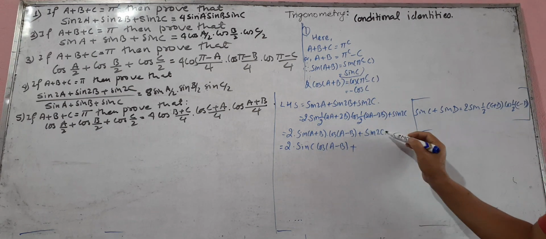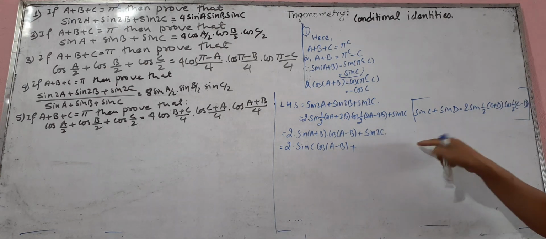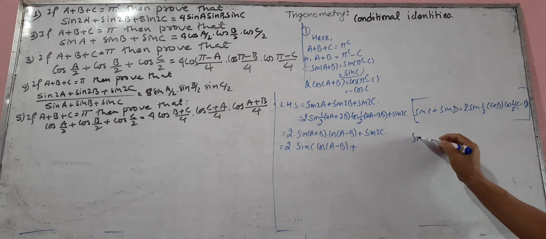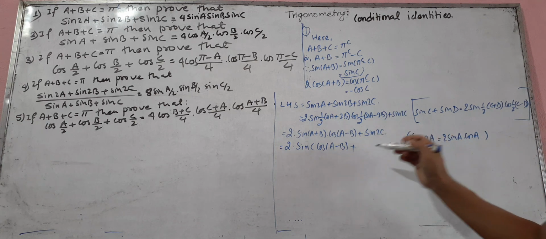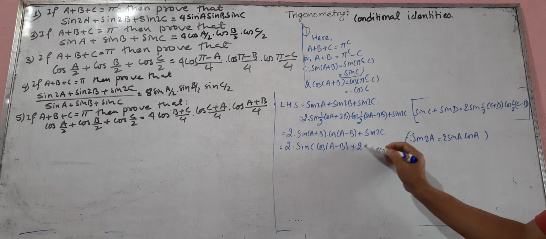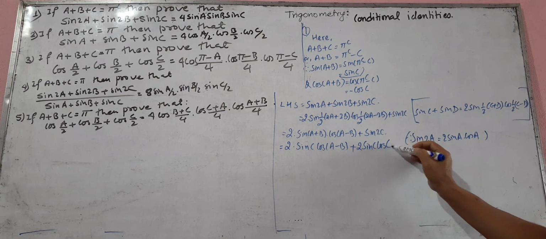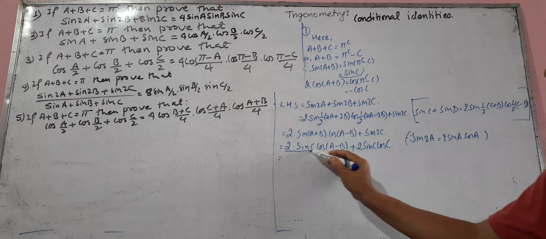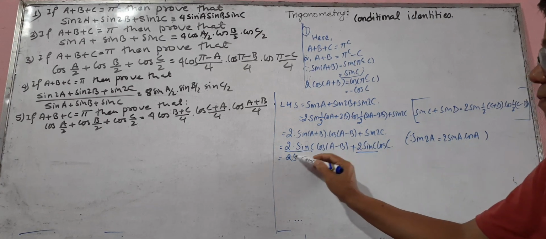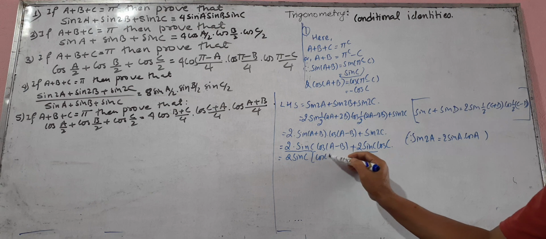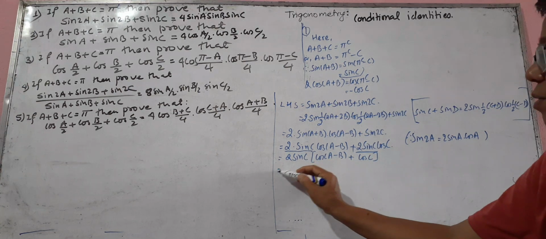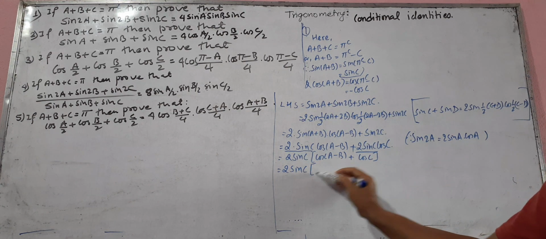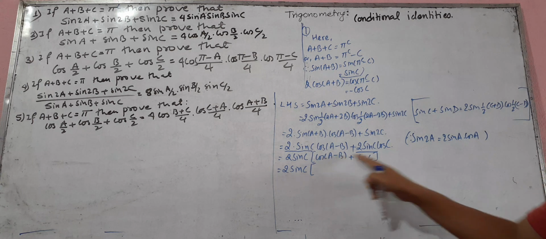Then we have to change this sine 2c. Using the multiple angle formula, sine 2a equals 2 sine a cos a, for sine 2c we get 2 sine c cos c. So now we can take 2 sine c common and get cos of a minus b plus cos c. So now 2 sine c is a factor of these two terms.